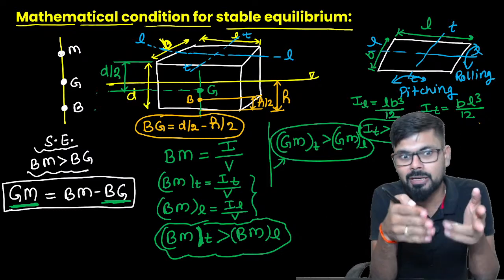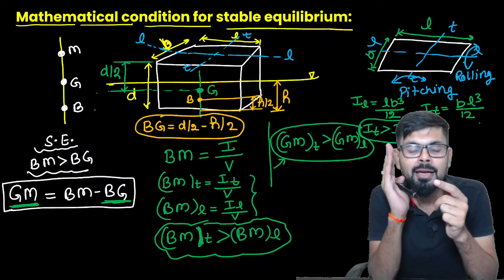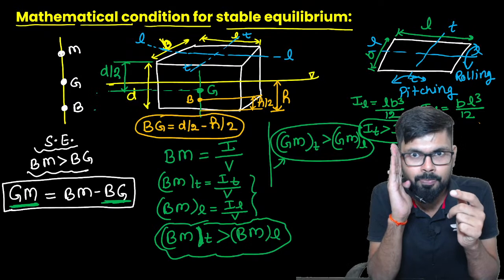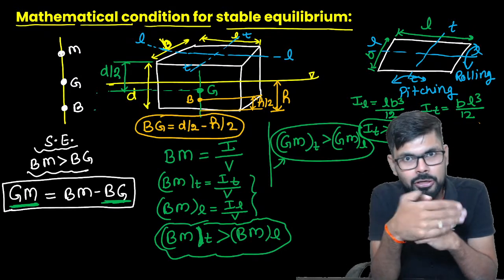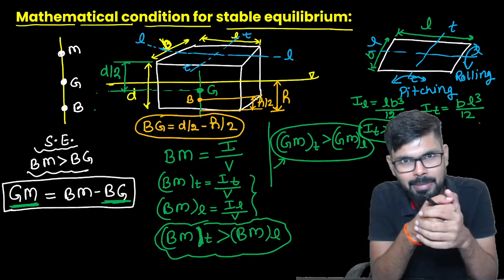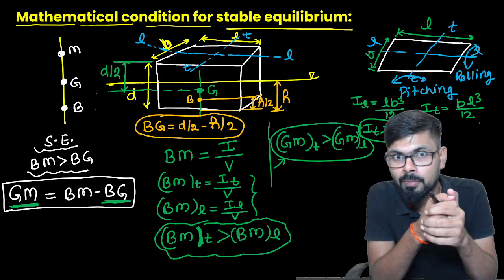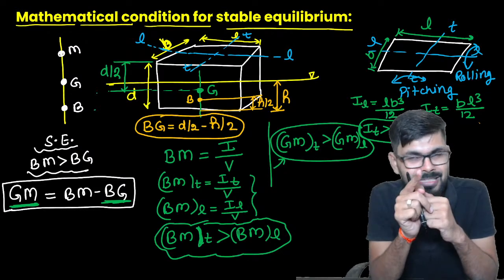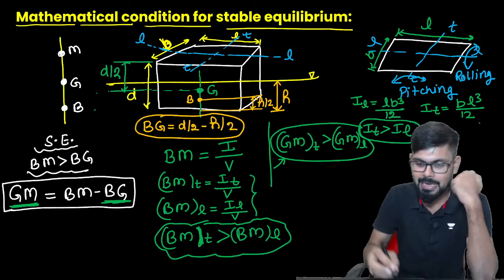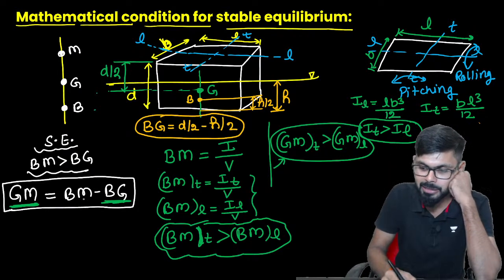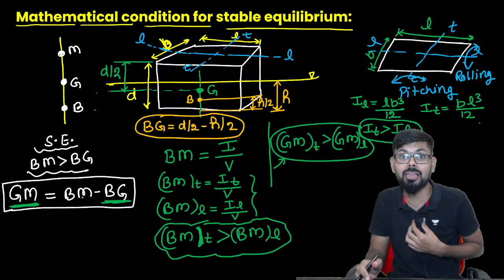Let's say in this particular case, BM has two values, around the transverse axis and the longitudinal axis. Around which one to calculate? That matters basically. But what you have to do, that is more important. Now you can see that if you are taking BM in the transverse direction, then the GM value will be more.